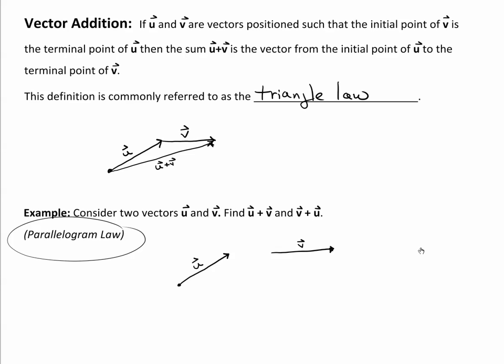And what I want to do with this vector V is take this thing, and when I add it, I want to move it over like that. And then when I add those two, I end up with this right here.